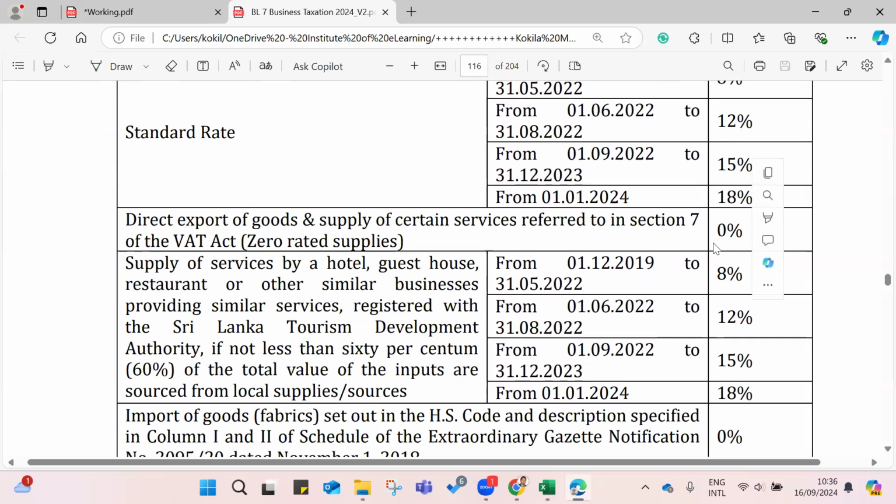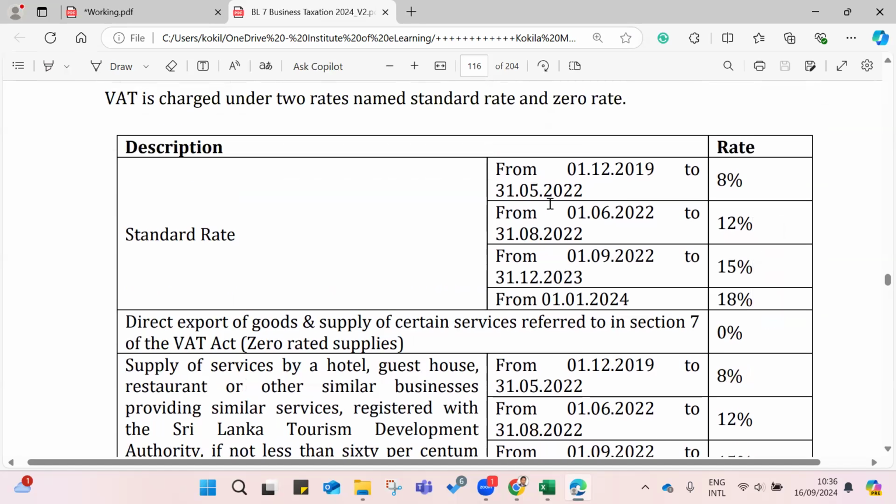So anyone who is watching this video to get some understanding, yes, you are dealing with the current context. You need to consider the VAT rate as 18%. In other cases, if you are doing it for exam purposes, you need to be mindful. This table, you need to take a screenshot and keep it in mind: what are the VAT rates available for your exam.